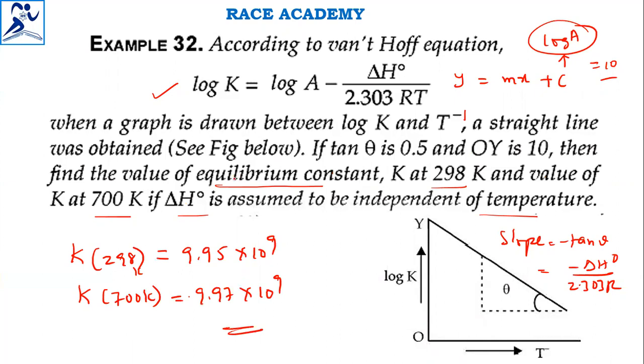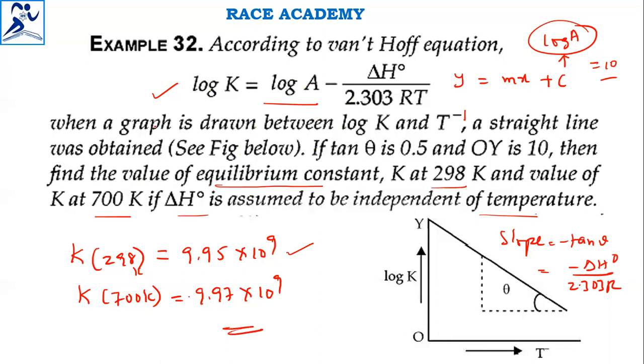In this problem we have two important things. First, we have to find the slope. After that, we have to find the log A value from the graph. Then the delta H value. When all these are calculated, first, using the given Van 't Hoff equation, you can find the equilibrium constant at one temperature, that is 298 Kelvin.